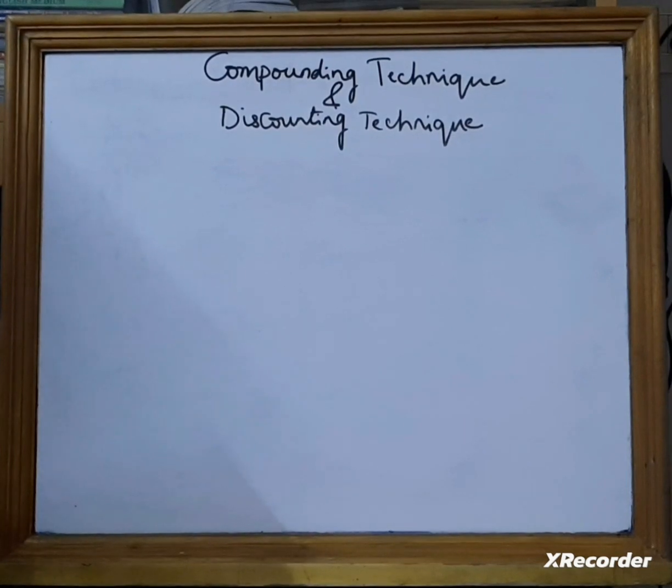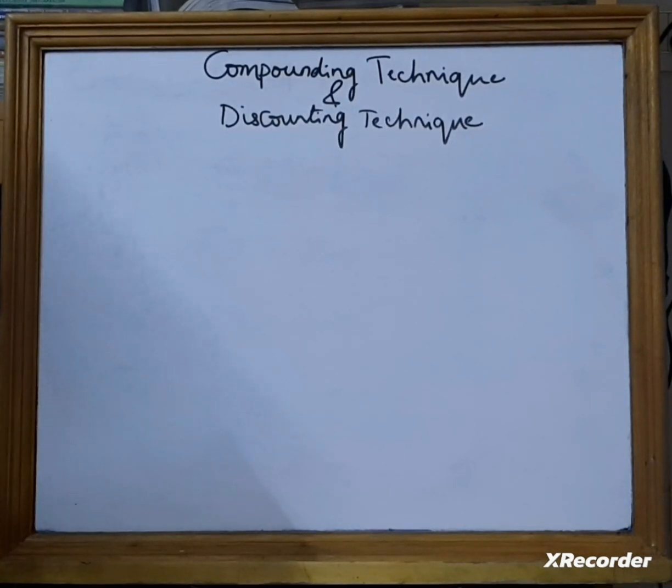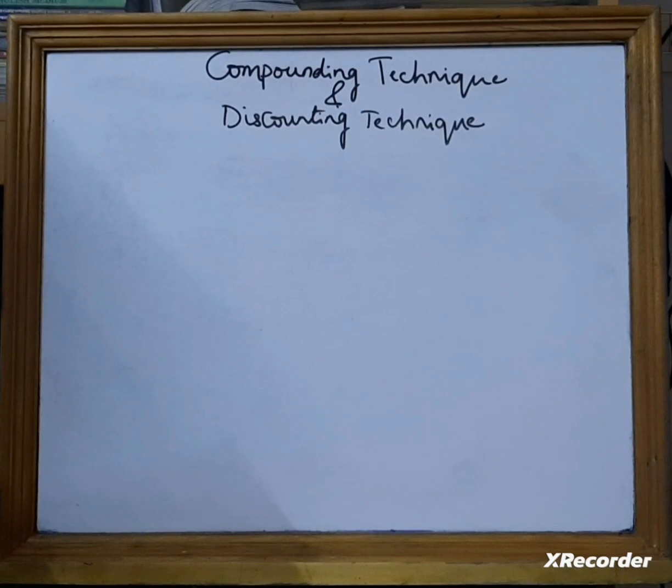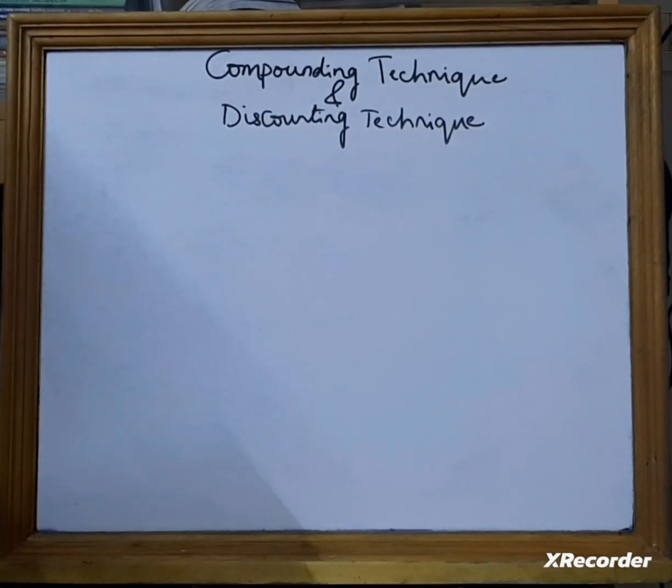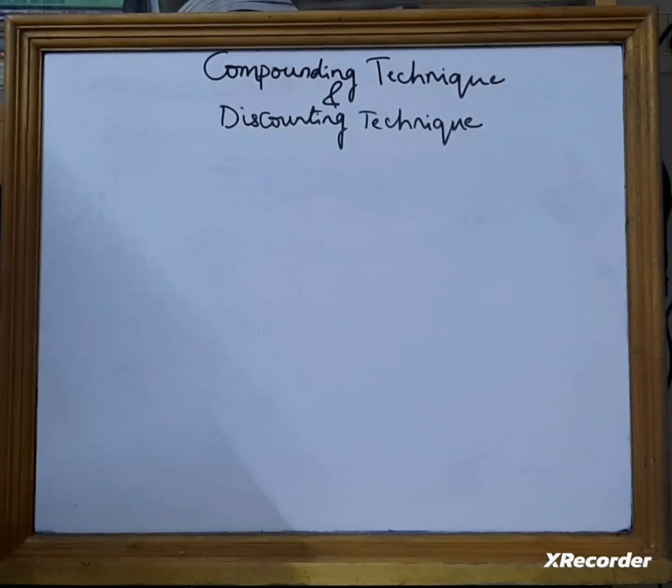What is compounding and what is compound interest? It is the interest that is earned on a given deposit or principal that has become a part of the principal at the end of a specified period.